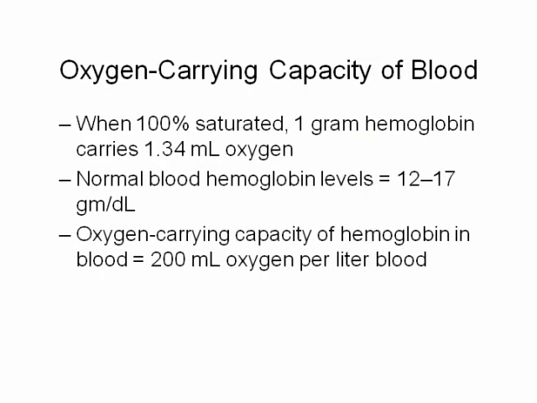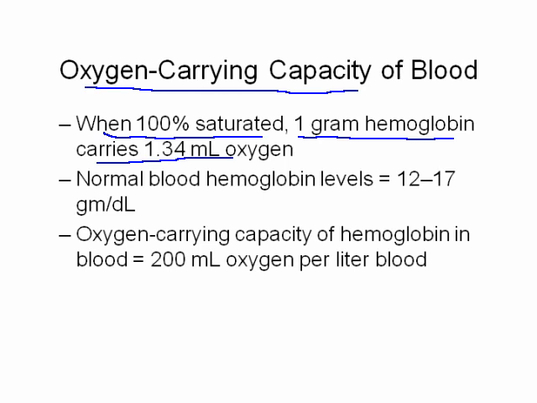But with this, we have to talk about the concept of oxygen carrying capacity of the blood, because the saturation of hemoglobin is only part of the story in terms of how much oxygen the blood is carrying. When hemoglobin is 100% saturated, a gram of hemoglobin carries 1.3 milliliters of oxygen.